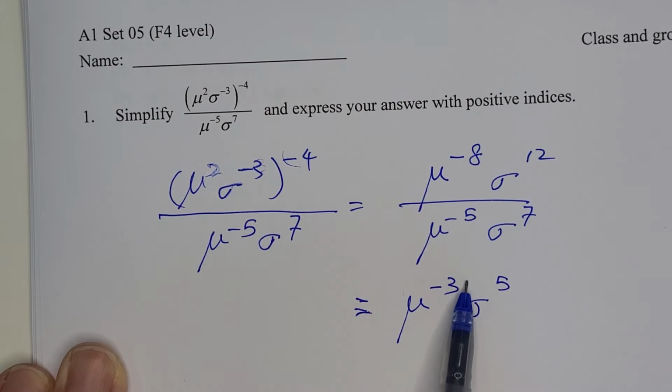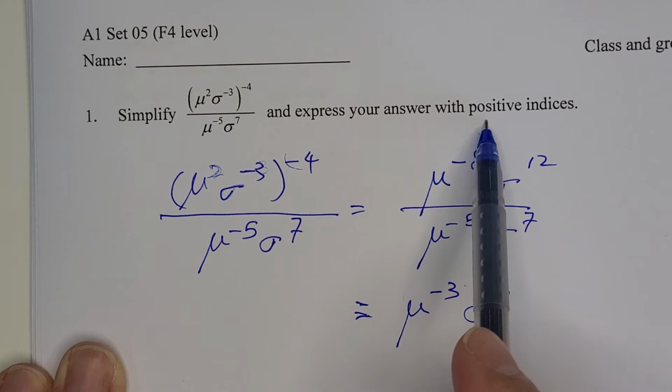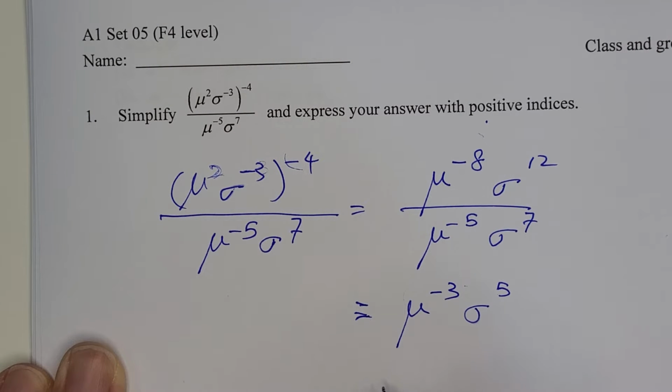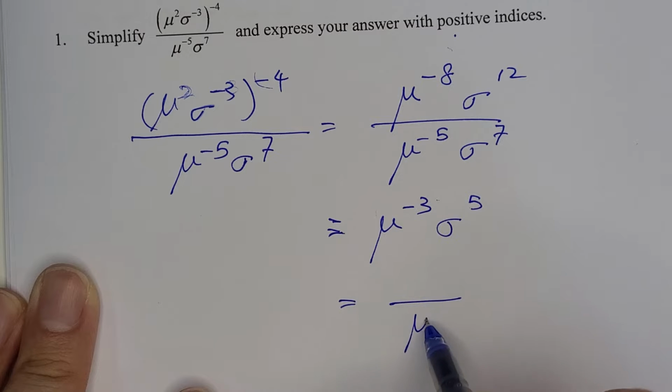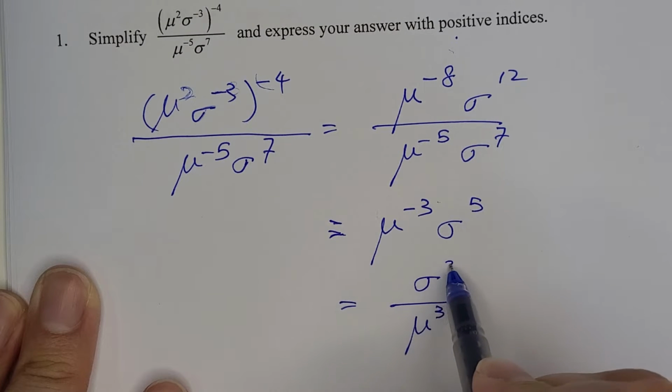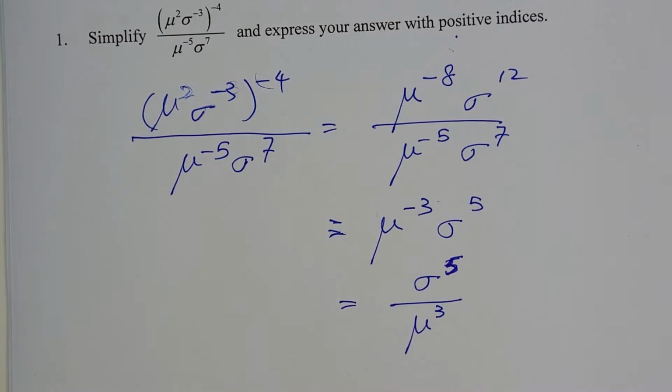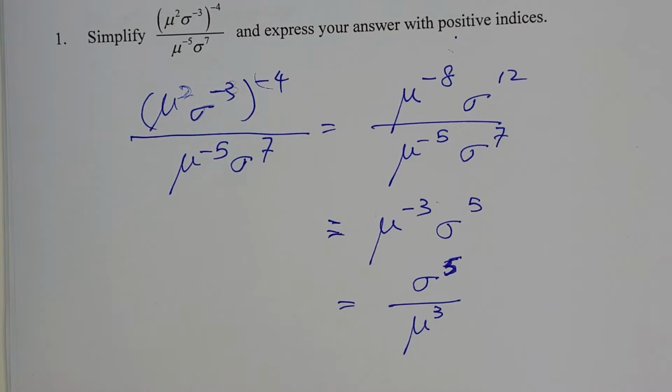But that's not the final answer, because you need to change them to positive indices. So you need to move this one to the denominator, that is mu to the power +3 in the denominator, and in the numerator sigma to the power 5. So this is the final answer for question number 1.